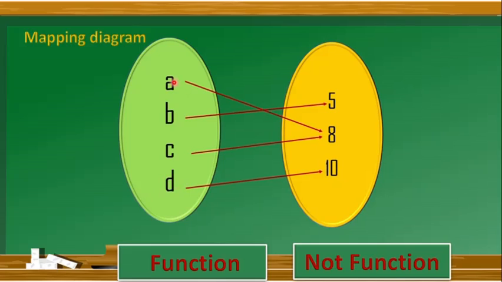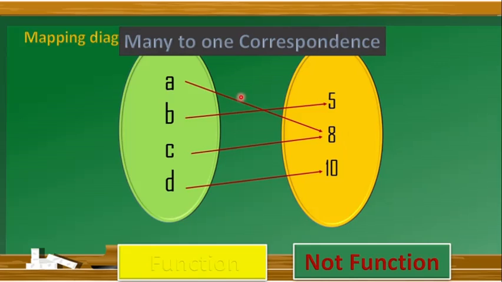But A and C are associated to the same value of y. So what can you say about this? Is it a function or not a function? It is a function. Why? Because this association is referring to many-to-one correspondence.